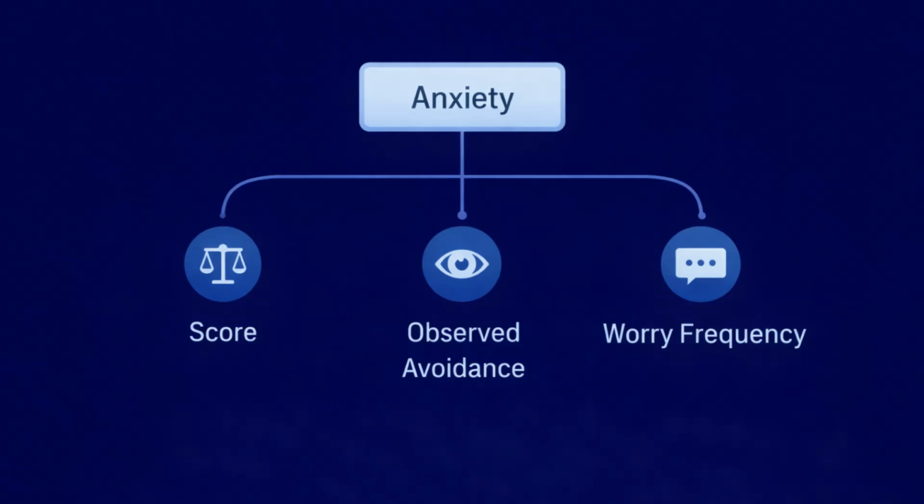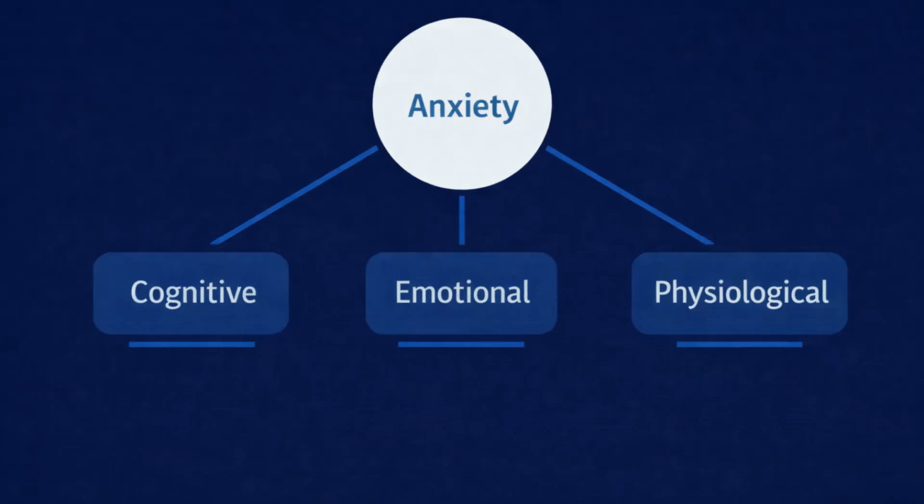Here is another example using a different construct. Suppose the construct is anxiety in learners with disabilities during academic tasks. In this study, anxiety is defined based on literature as a persistent pattern of cognitive, emotional, and physiological arousal in response to perceived academic demands. This construct might include worry or anticipatory fear, somatic activation, and avoidance behaviors.